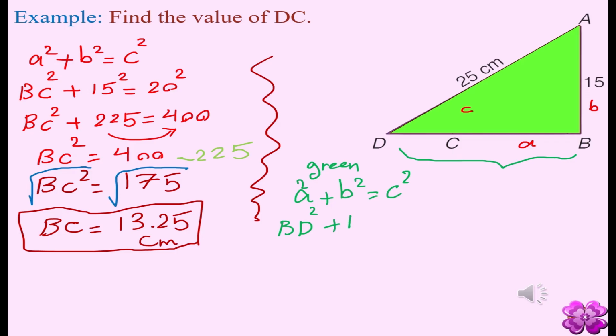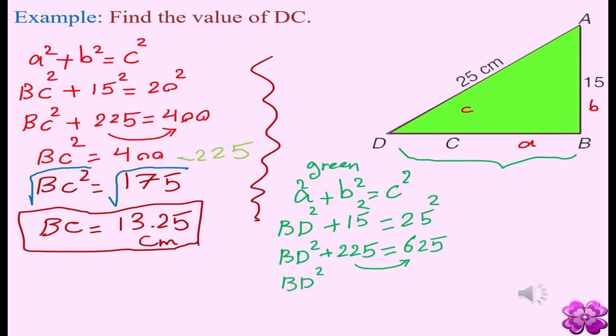B again is 15, raise it to the 2. C is 25, raise it to 2. So just calculate. BD squared, 15 is 225, equal 25 to the 2 would be 625. Again, moving this term to the right side, I'll get BD squared is equal 625 minus 225, yeah?